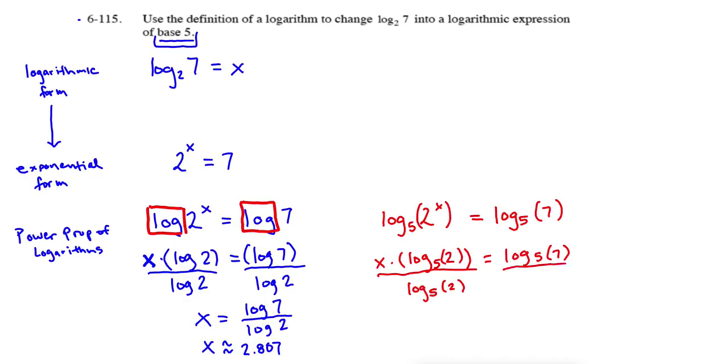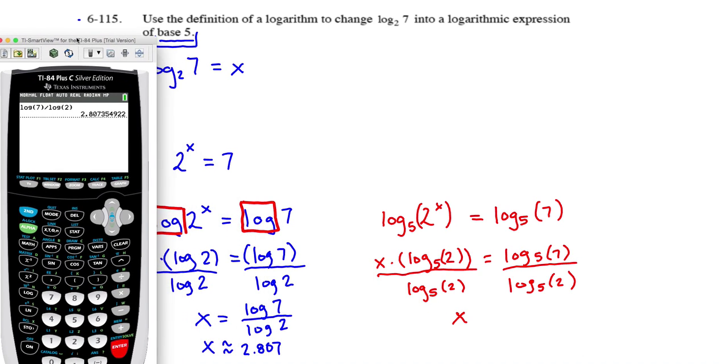Divide this side by log base 5 of 2. So my question is now, what is the value of this going to be? What is log base 5 of 7 going to be? What is log base 5 of 2 going to be? Well, it should end up being 2.807.